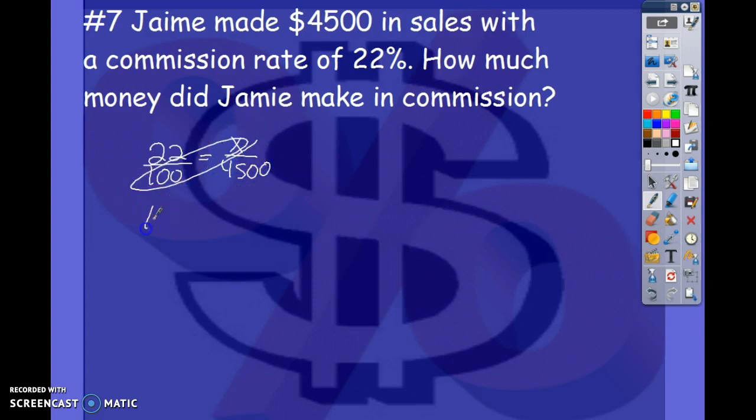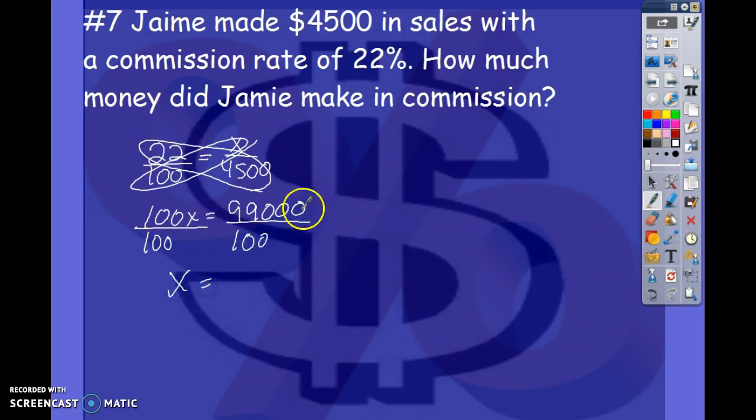Solve my proportion. 100X equals 4,500 times 22, which is 99,000. I'm going to divide by 100 to isolate my variable. When I divide by 100, my decimal moves 2 places to the left, so I get 990.